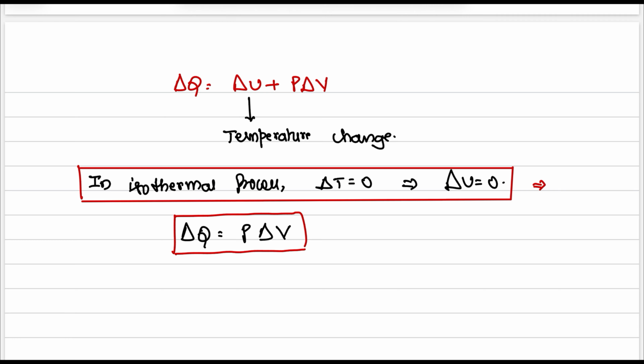When the process is quasi-static, when the process is continuous, when that particular process curve is differentiable, when this particular equation is integrable, continuous and quasi-static, what happens?